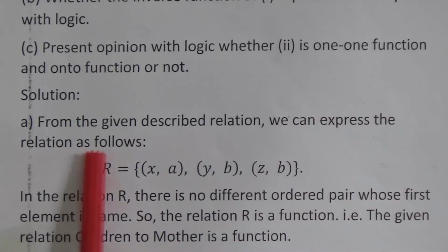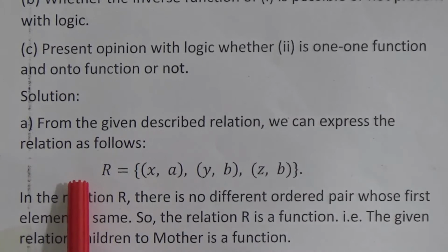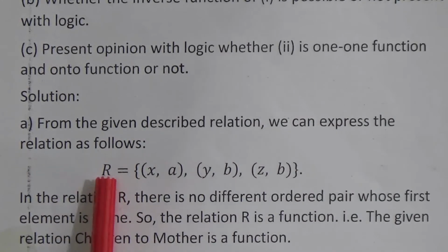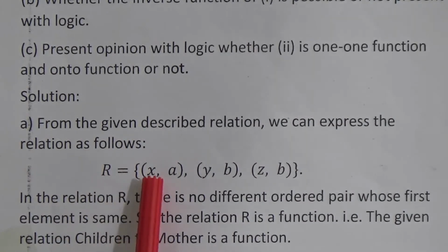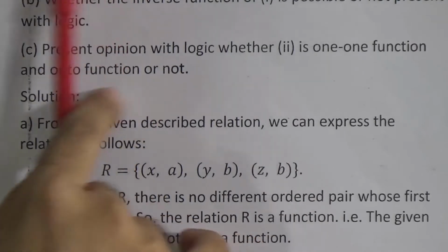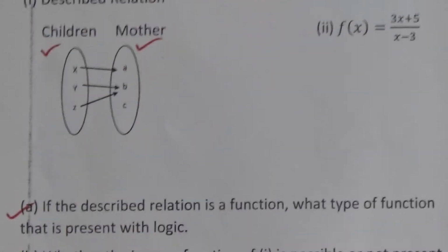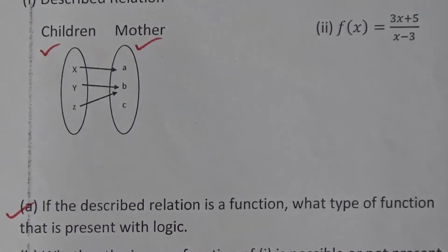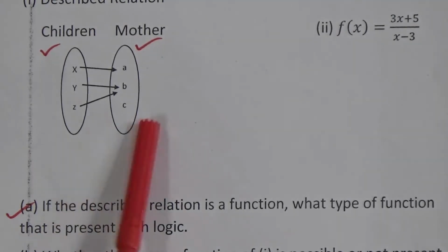From the given described relation, we can express the relation as follows. Here the relation, if we denote by R, then we will get the set R equal to the set of all ordered pairs (x, a), (y, b) and (z, c) from the given relation. Here x, y, z are children and a, b, c are mothers.